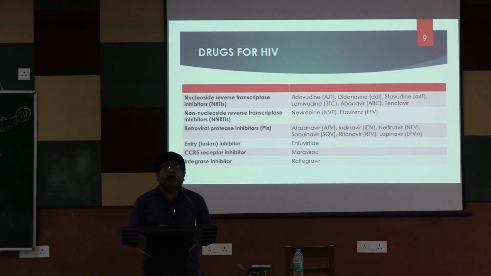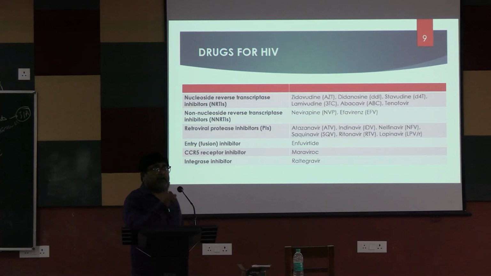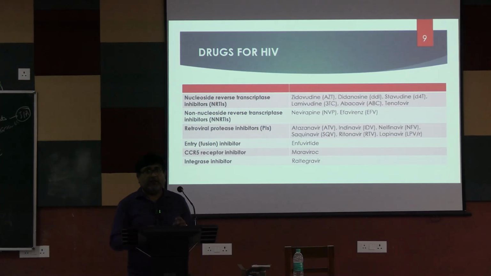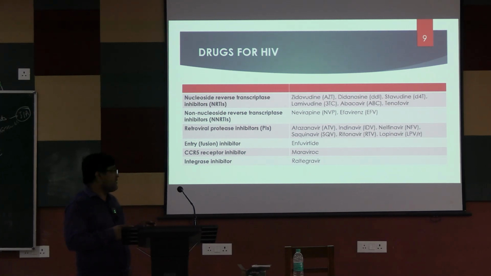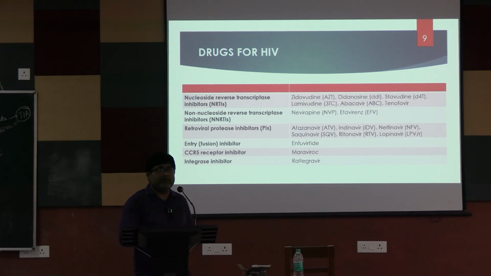Now, coming to the drugs that are used for HIV, very important, nucleoside reverse transcriptase inhibitors. Now, there are 2 groups of drugs which inhibit the reverse transcriptase. These are one, nucleoside reverse transcriptase inhibitors and non-nucleoside reverse transcriptase inhibitors.